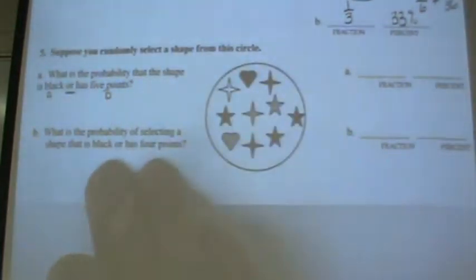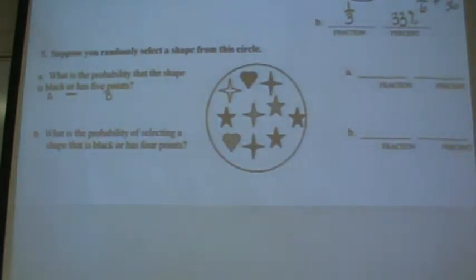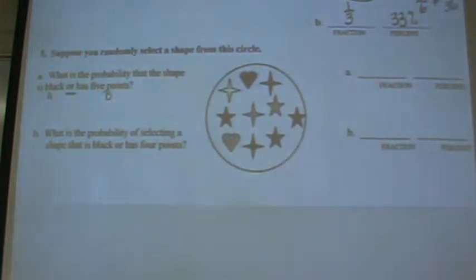So we'll say that event A is that the shape is black, and event B is that it has 5 points. To find the probability of event A, we're going to count all of the black shapes. So we have 1, 2, 3, 4, 5, 6. We have 6 black shapes, and that's out of 10 is our total set.